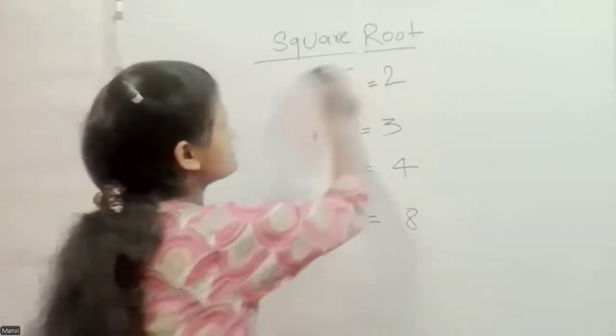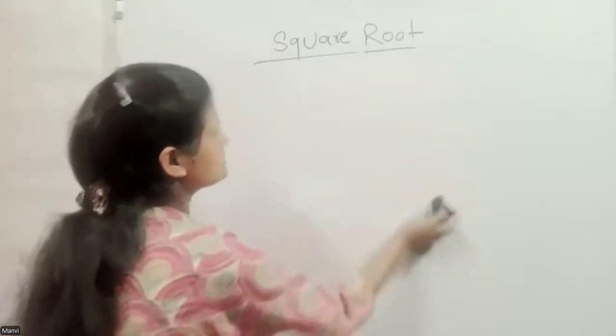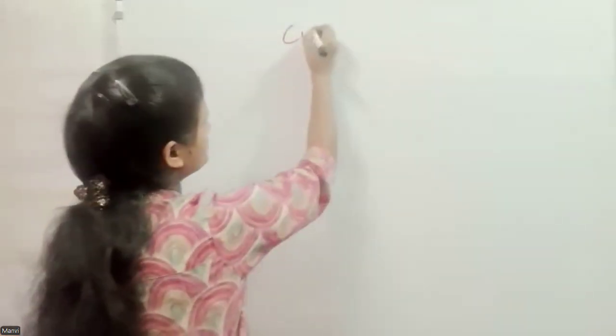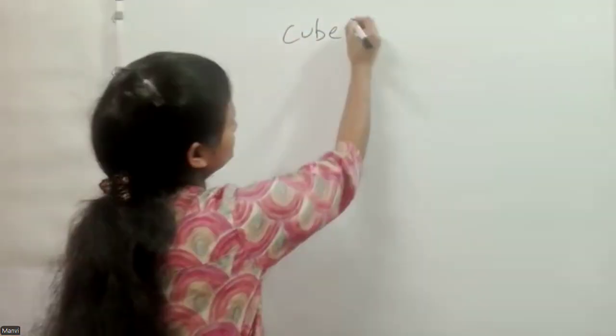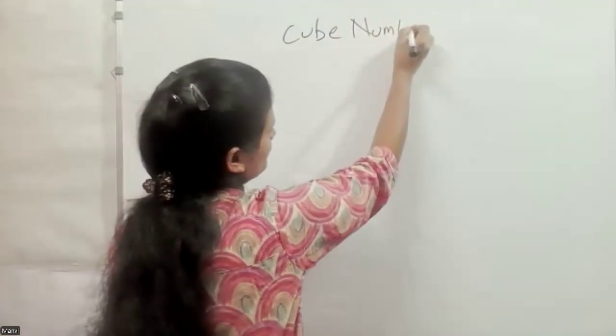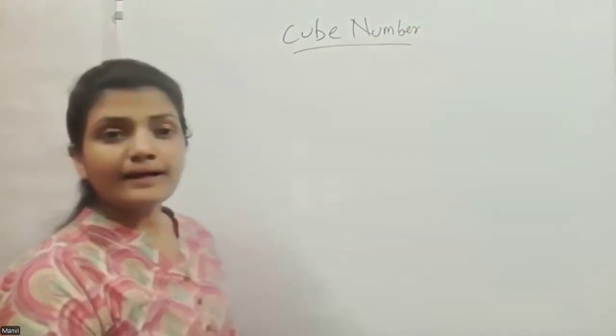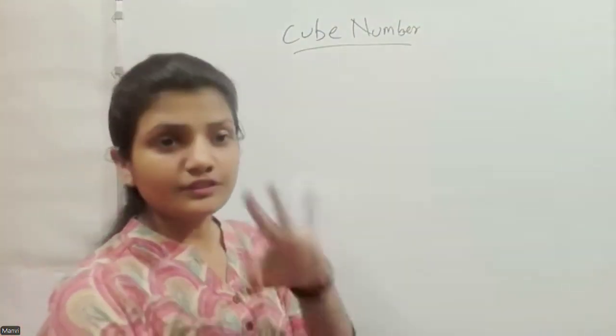The next thing is cube numbers. In a cube number, we multiply the number by itself 3 times.